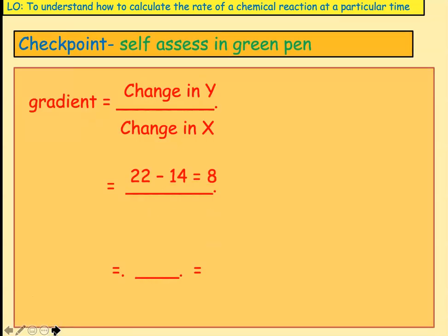So there we go. 22 minus 14 gives us 8 and 30 minus 10 gives us 20. So the gradient at 20 seconds is 8 divided by 20, which is 0.40 centimeters cubed per second.